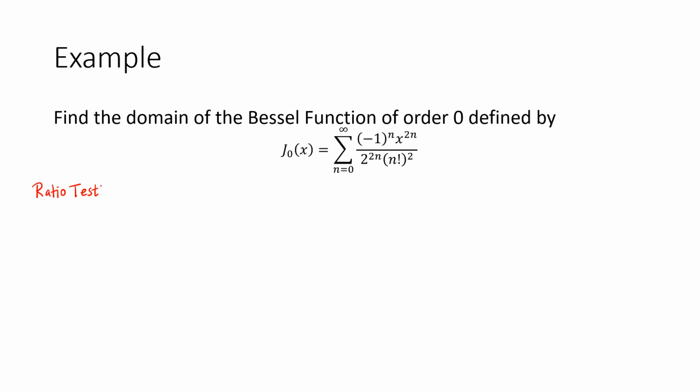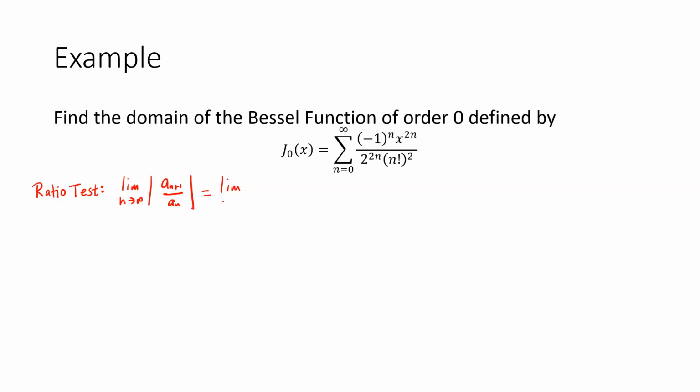We know that when we take the limit as n goes to infinity of the absolute value of a_(n+1) over a_n, and this comes out to be something that's less than 1 in absolute value, then we know by the ratio test that it will be convergent. So we want to find all values of x such that this satisfies that conclusion of the ratio test.